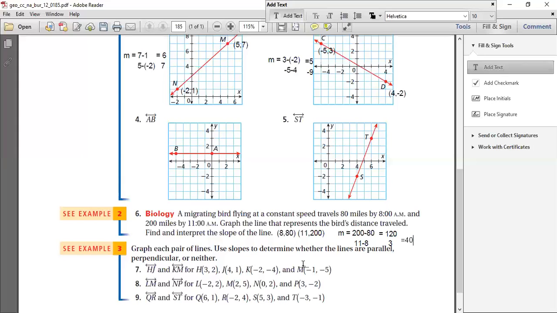So you just write it in your own words: the bird is flying at a constant speed of 40. The units are what? Miles per hour. So this is how you solve the problem and then interpret the answer.